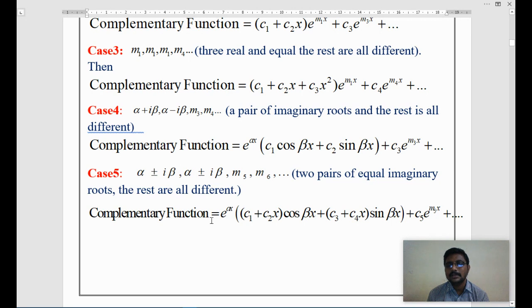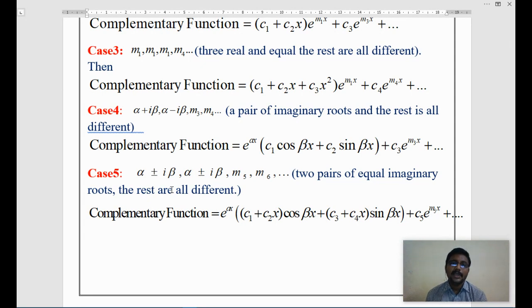Then we define CF as e^(alpha x) [(c1 + c2x) cos beta x + (c3 + c4x) sin beta x] plus the remaining real distinct roots. Since c1 to c4 are already used, we use the arbitrary constants from c5: c5 e^(m5x) + c6 e^(m6x) + and so on. So like that we define it whenever the two imaginary roots are repeated twice and the remaining roots are real and distinct.